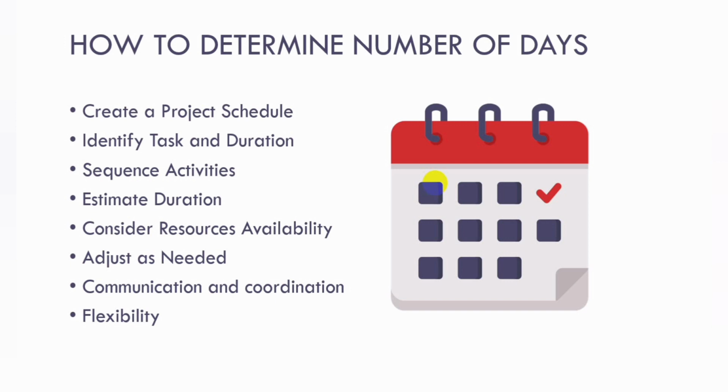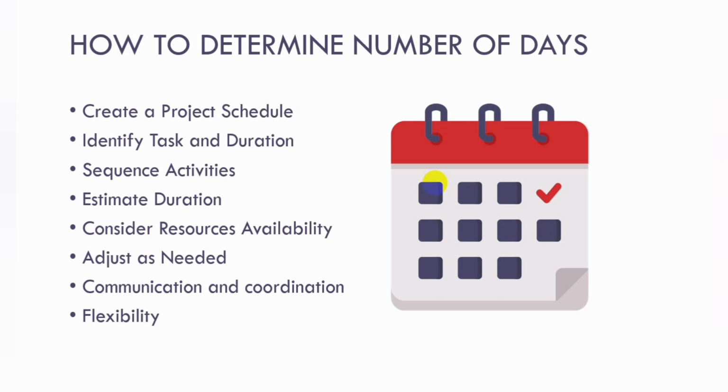And then the next on our list, you have to identify tasks and duration, which means you have to break down the construction project into individual tasks and activities. This could include site clearing, foundation work, framing, roofing, electrical, plumbing, interior finishing, and landscaping.